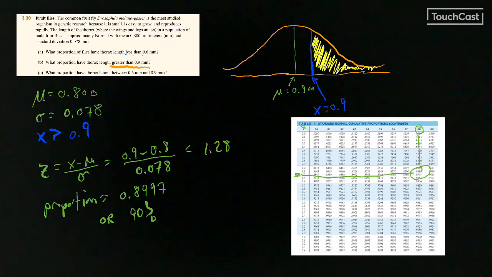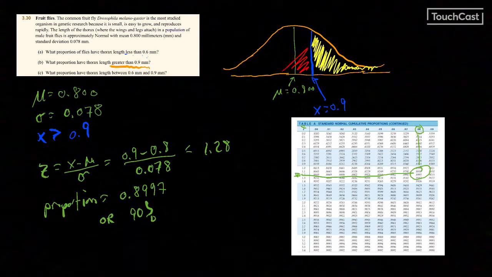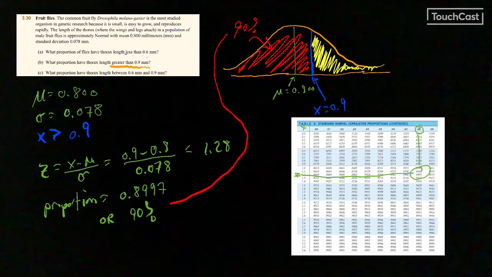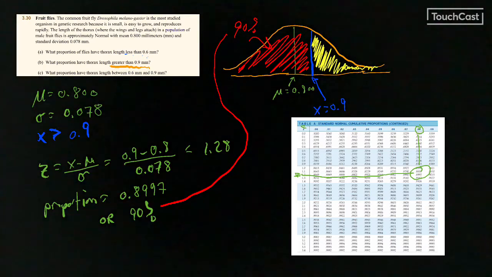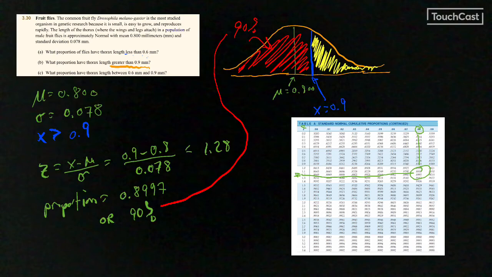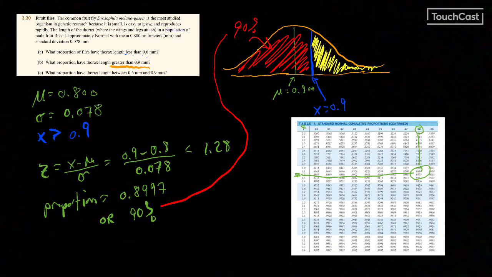But we didn't calculate what we're looking for. We calculated this. So this red is 90%. I'll draw a little arrow there. And this is why, because we use the table. To get the other side, I just need to figure out what plus 90% is going to get me to 100.